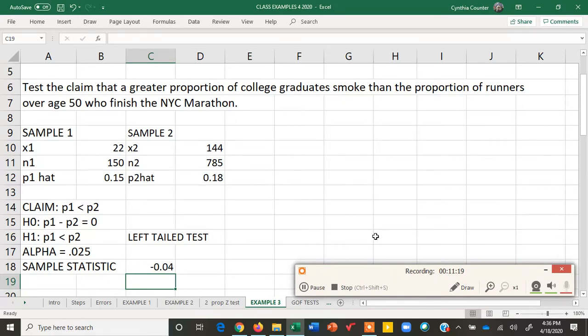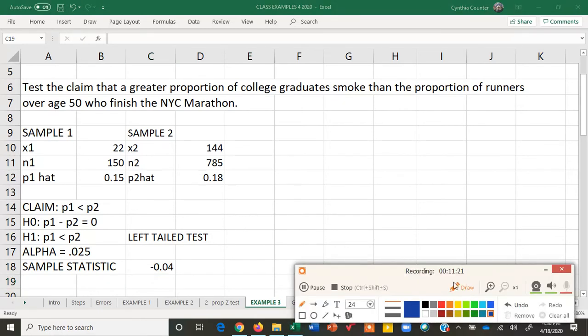So remember, and let me go ahead and draw it again, what we're working with here is a sampling distribution of differences between two proportions. It's the sampling distribution for the difference between proportions.